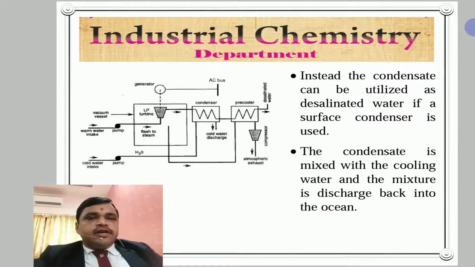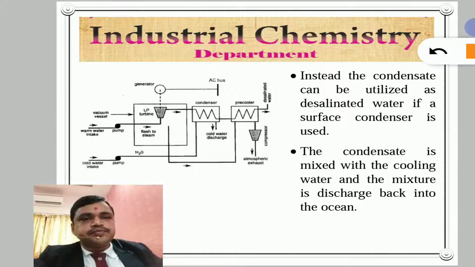So in this method we continuously use warm water from the ocean that is used in a low pressure turbine, and the low pressure turbine is moved by this flash steam and generates power, and this power we use in our different applications.